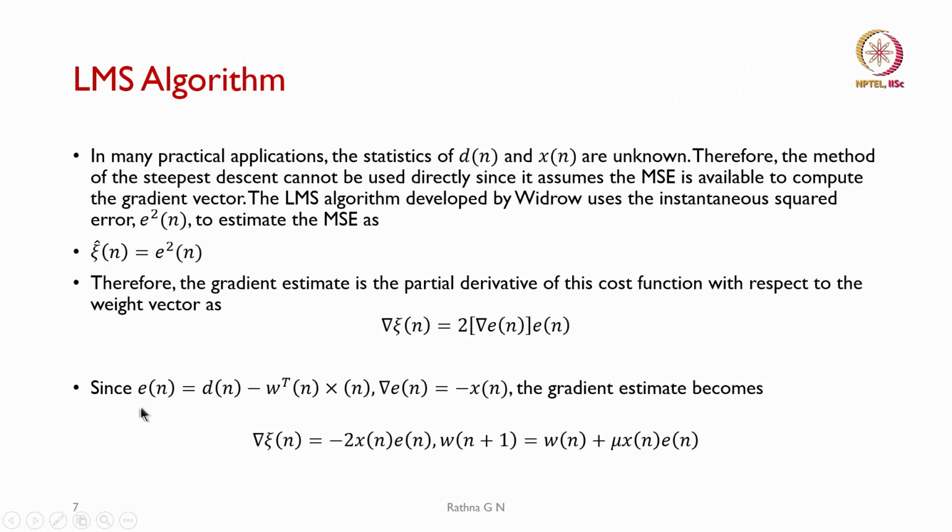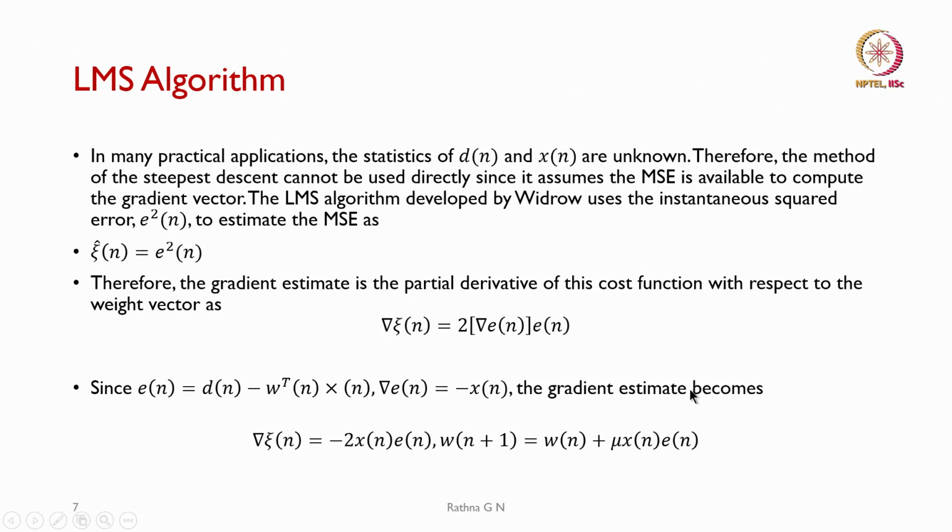Since we know that our error function is given by d of n minus y of n, and y of n is substituted with w transpose of n into x of n, then when you take the gradient of e of n, it results in minus x of n.